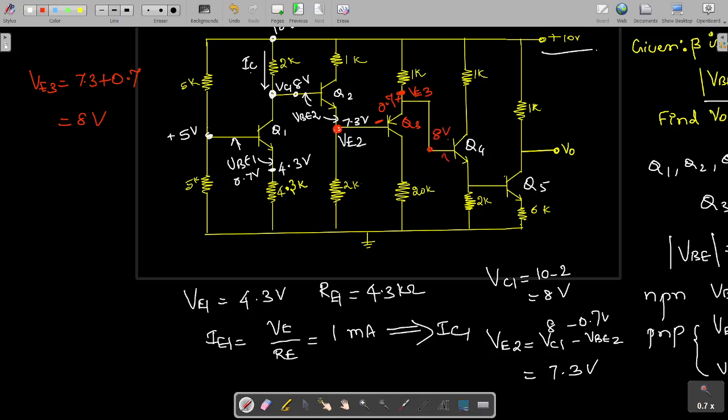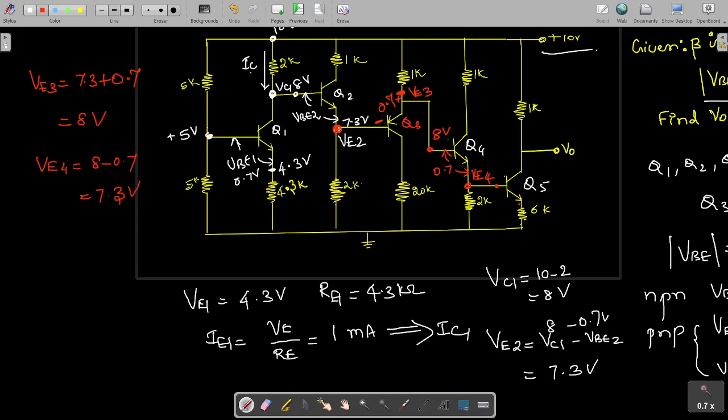After that, here it is again an NPN transistor. So 0.7 volts for this VBE, and this is a voltage drop. So if you measure this VE4 at this point, VE4 is equal to 8 minus 0.7. So again you will be getting 7.3, and the 7.3 volts will be appearing at this point.